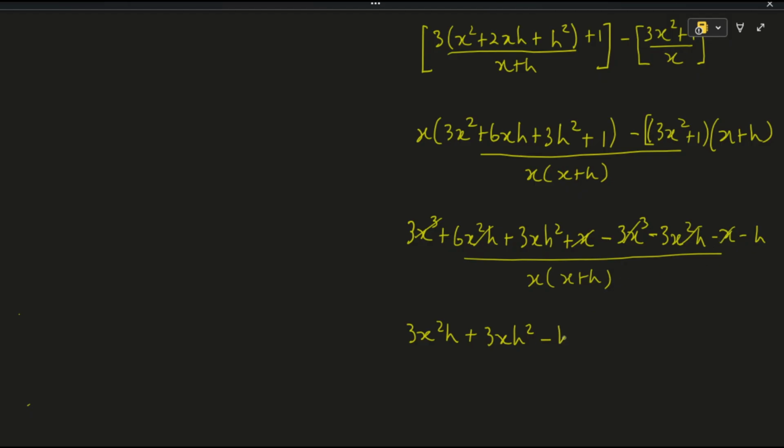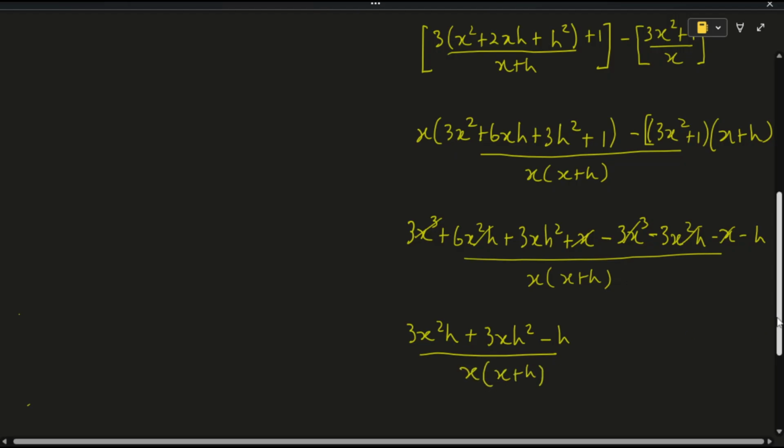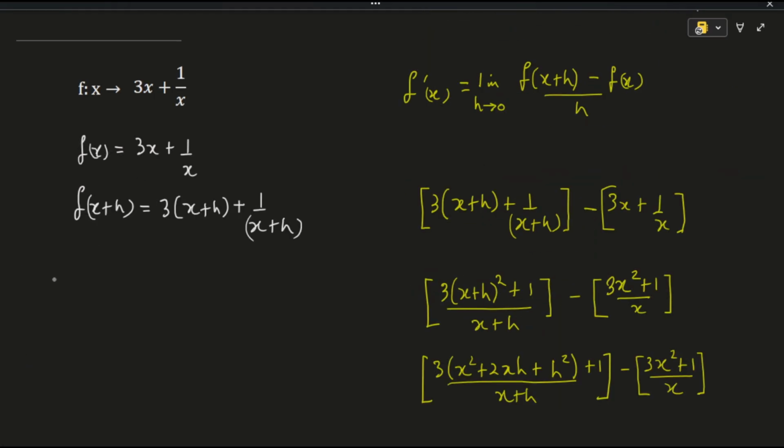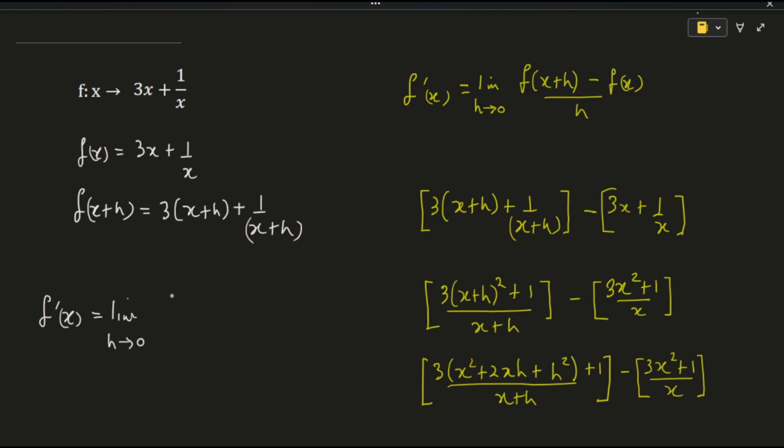Then we have minus h over x into brackets x plus h. So let's replace this expression with the numerator. So this is what we had for the numerator.